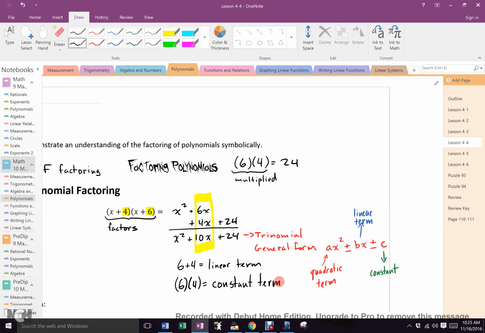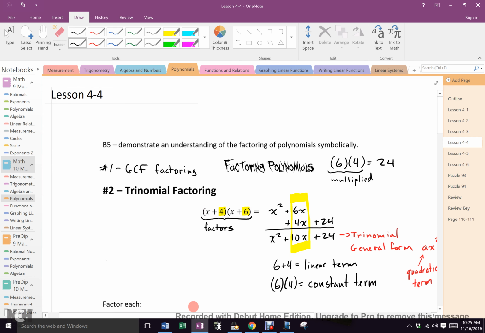So if you have, now this is where it gets a little crazy, if you have x squared plus bx plus c. So what's missing here? No coefficient.